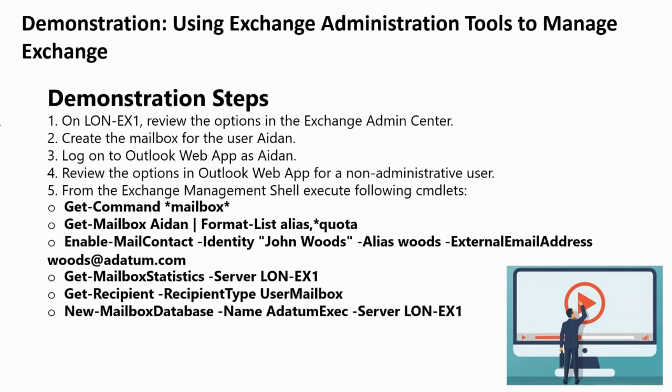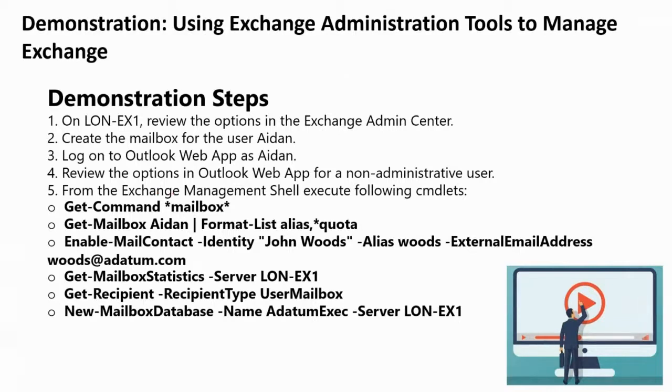For these demonstration steps, in London Exchange One, review the options in the Exchange Admin Center, create the mailbox for the user item, log on to the Outlook Web Application as item, and review the options in the Outlook Web Application for a non-administrative user.